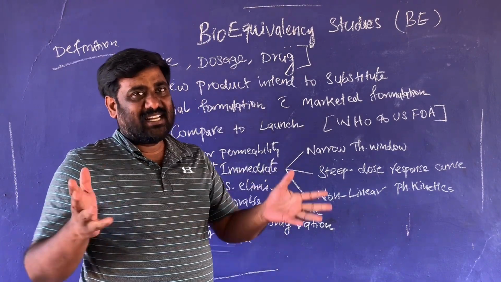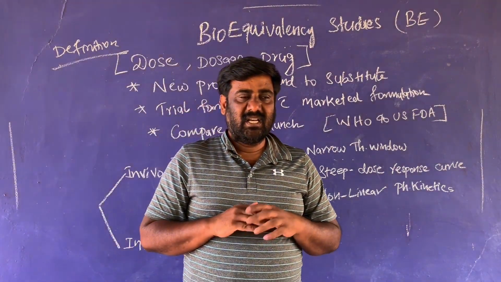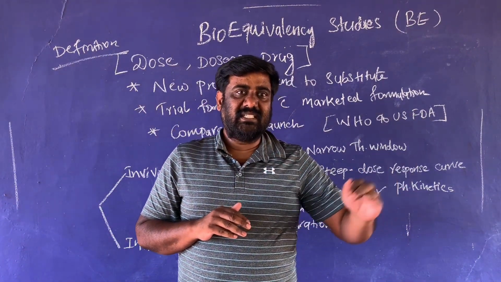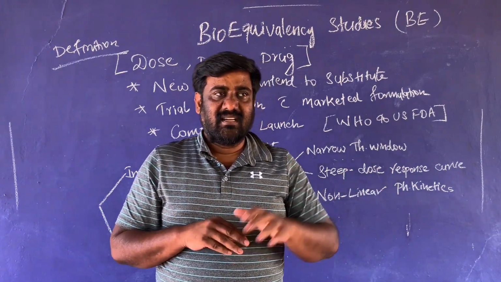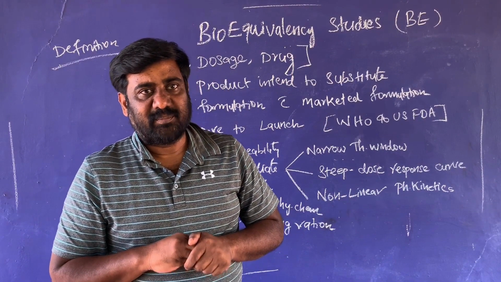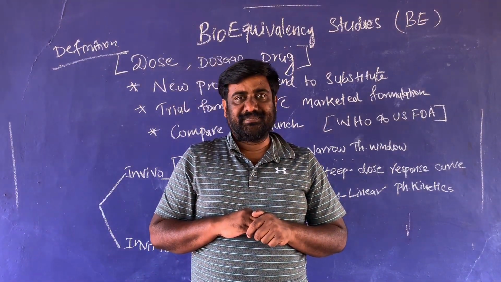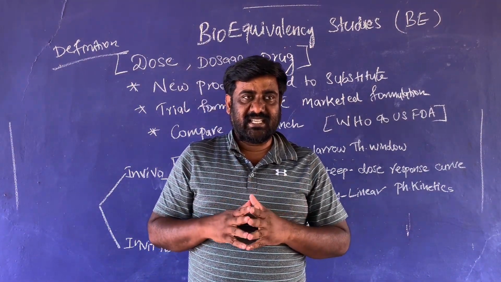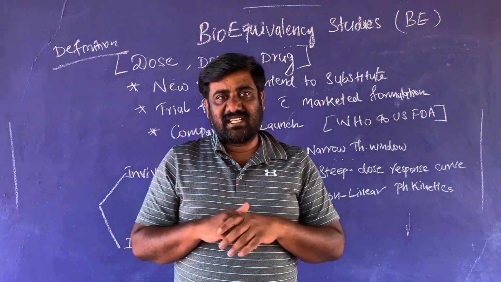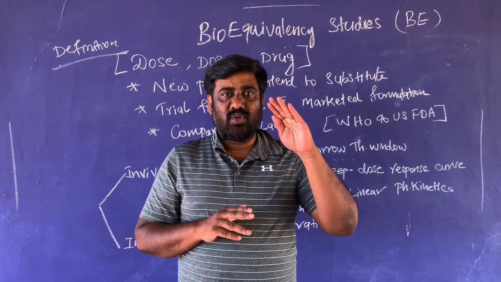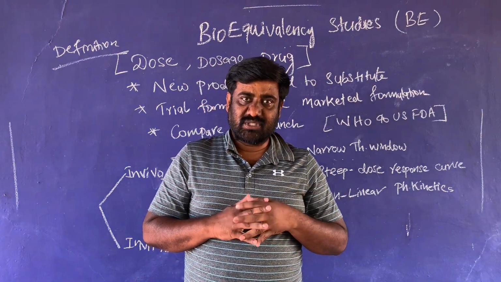So what can be checked? How is bioequivalency performed, or what parameters are checked? Same as what we discussed in the last class, all the pharmacokinetic parameters are mainly checked. Those studies are called in vivo studies. Only in vivo studies are checked? No. In most cases we check in vivo studies.